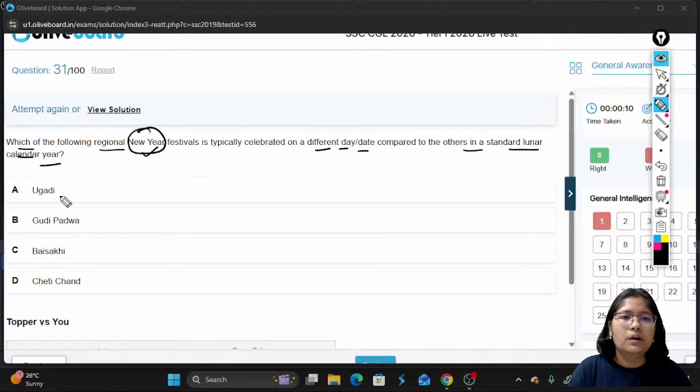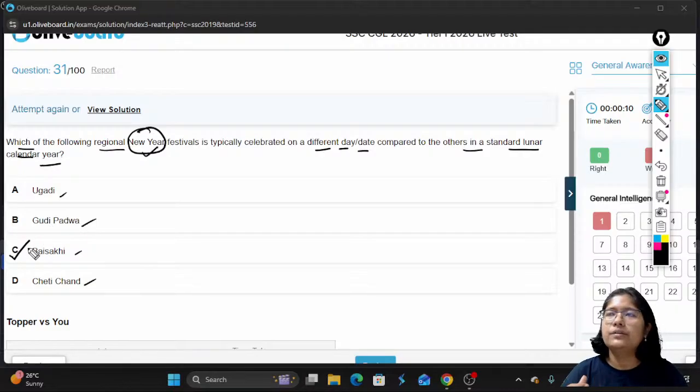Okay, Ugadi, Gudi Padwa, Baisakhi, or Cheti Chand. So here when we celebrate Baisakhi, or similarly in Assam when we are celebrating the New Year festival, it need not be on one single specific lunar calendar date, right? So it can be on different dates as well.